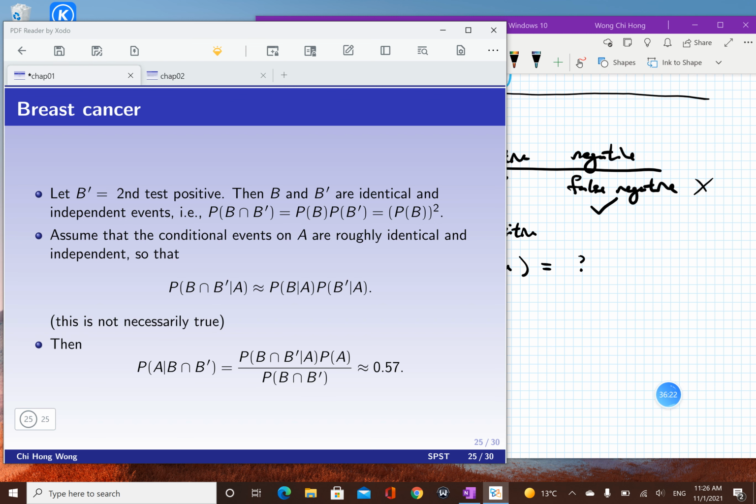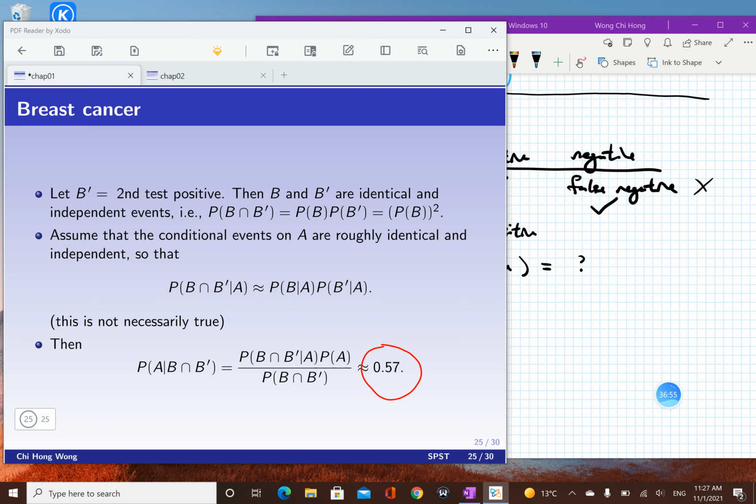But if you get more than one positive result, if you repeat the test and still get positive results, then you're more and more likely to actually have the disease. These probabilities would increase if you repeat this process. You just keep doing these tests. If just one of them gives you a negative result, you're probably okay.